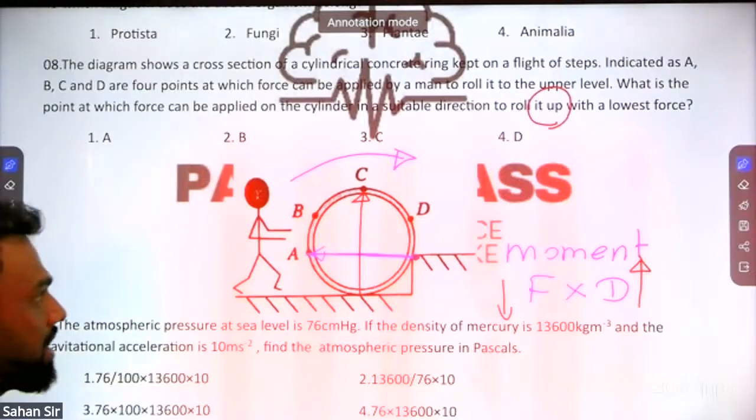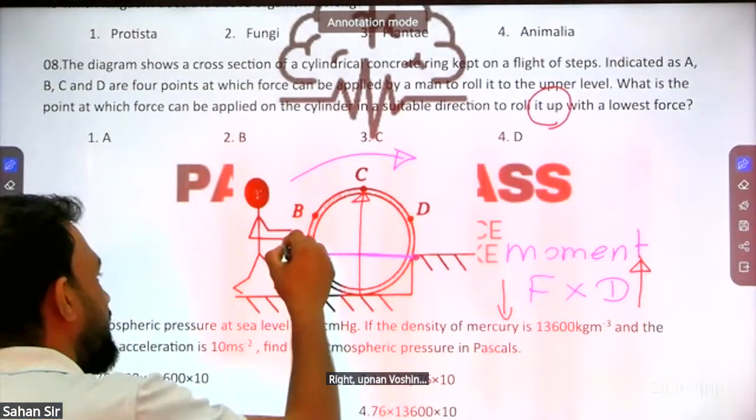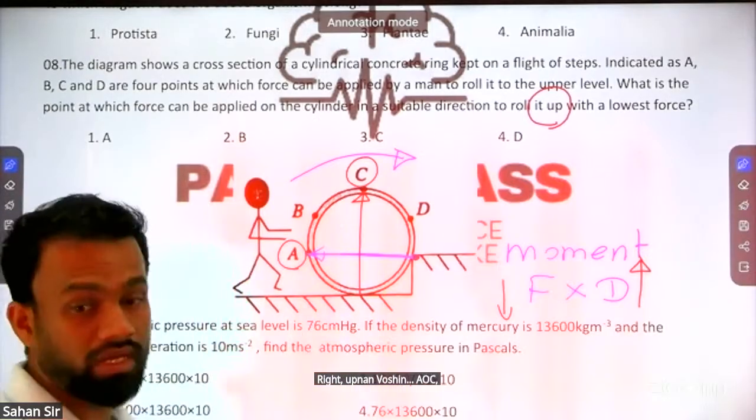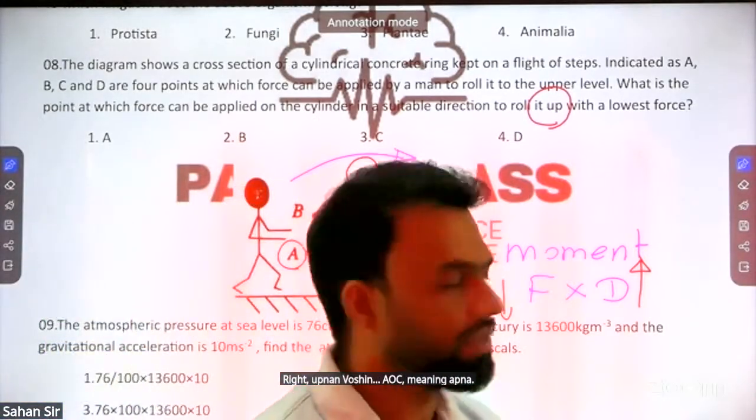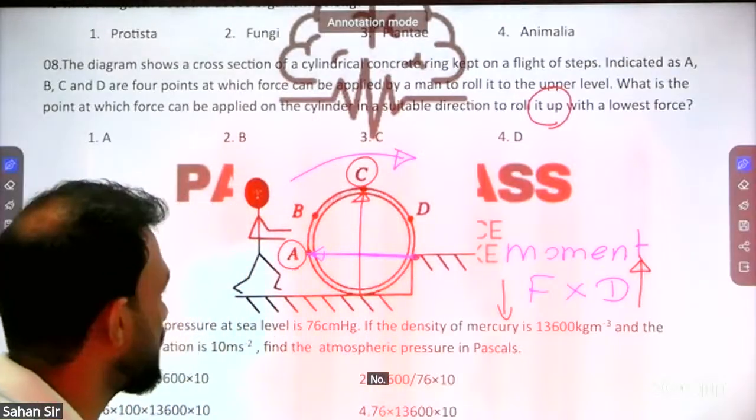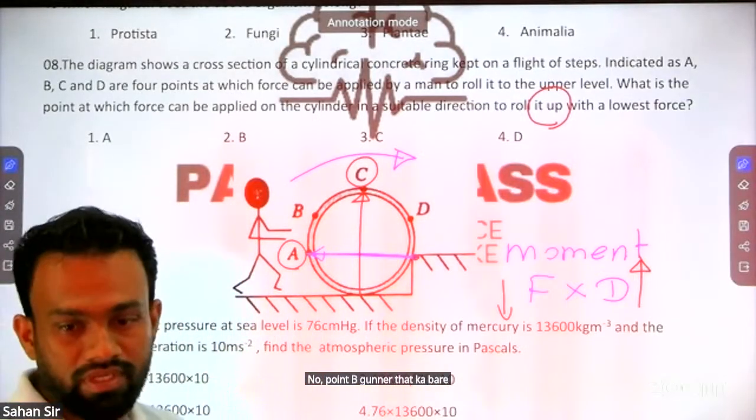Right. Up නම් රොෂේන් AOC මෙතන up නම් no, point B ගන්න බෑ. පුතේ distance එක වැඩිම point එක තමයි select කරන්නේ.